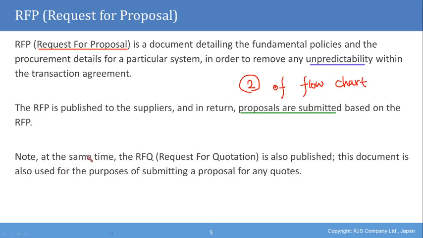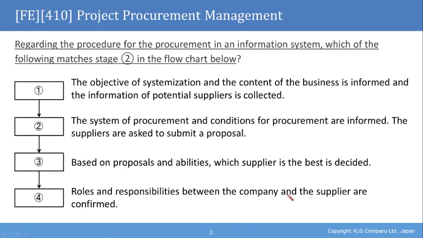Note that at the same time, the RFQ, the request for quotation, is also published. We had the request for proposal, now we have the request for quotation. This document is also used for the purposes of submitting quotes. So now if we go back to the original question, which of the following matches stage 2 in the flowchart below?